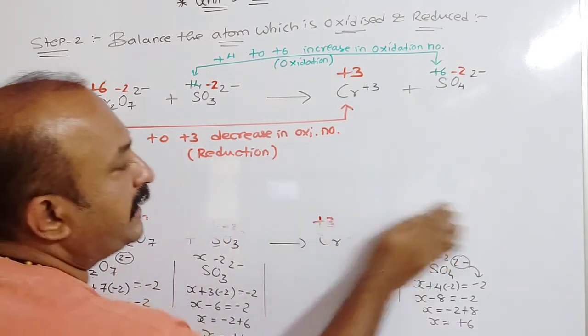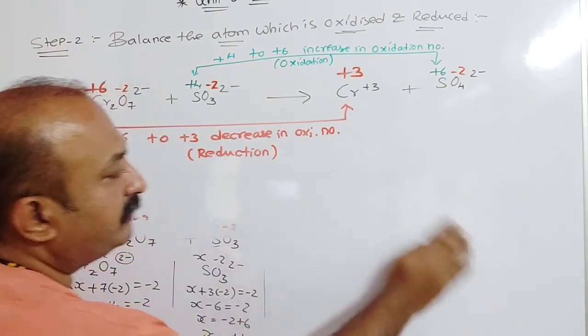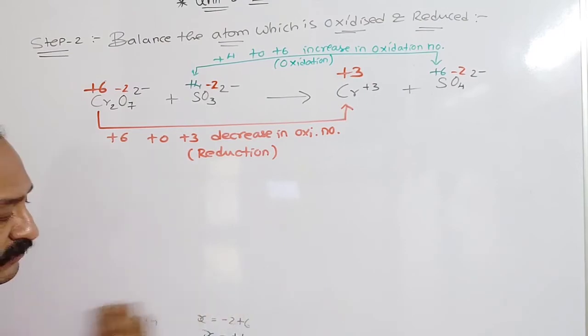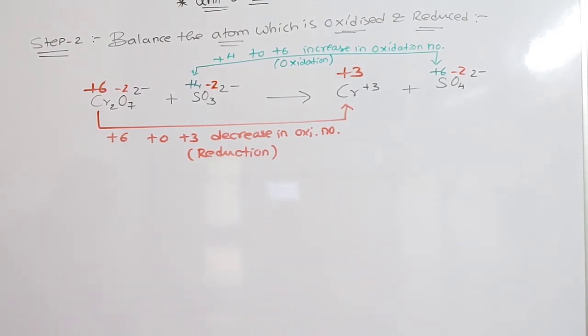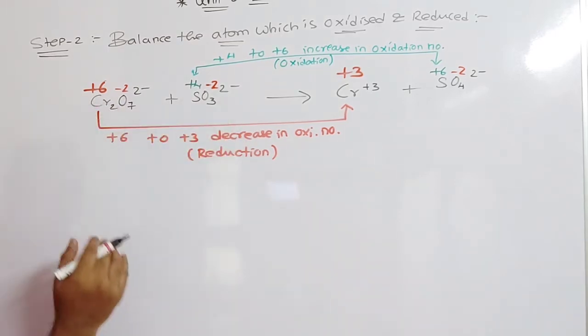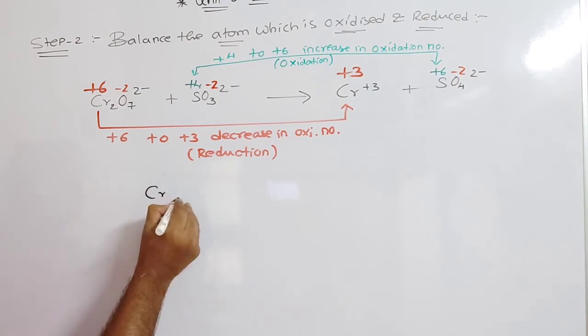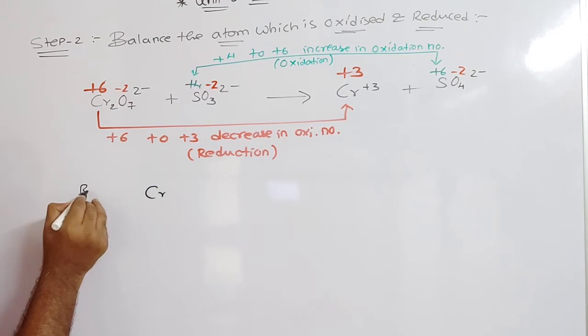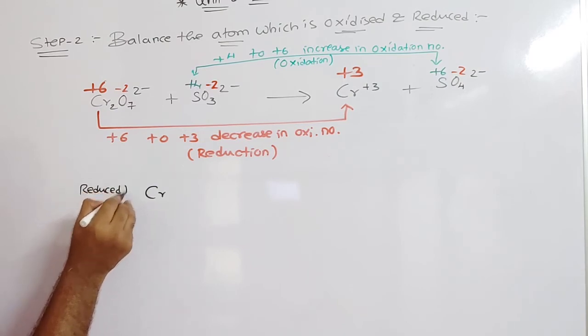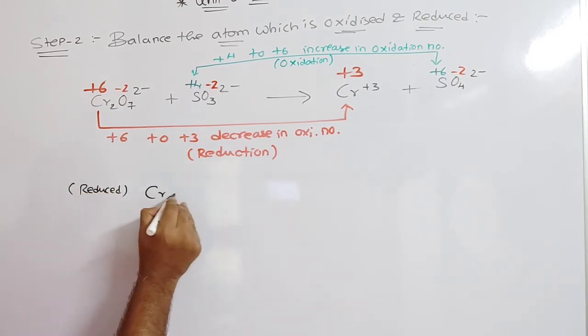Now what to do? We have to balance these atoms. Which atoms do we have to balance? Only the ones which are oxidized and reduced. Here those are chromium and sulfur. Chromium is reduced. Understood? And how much is the reduction?